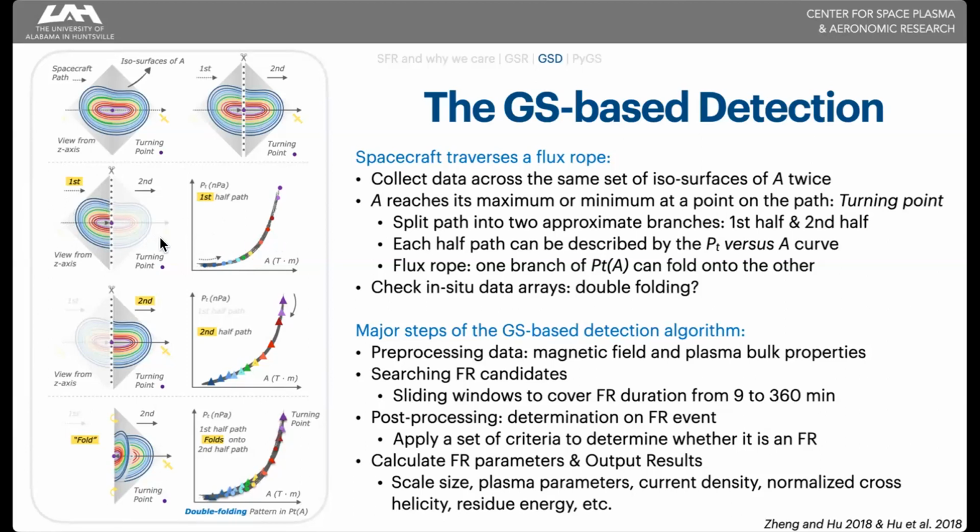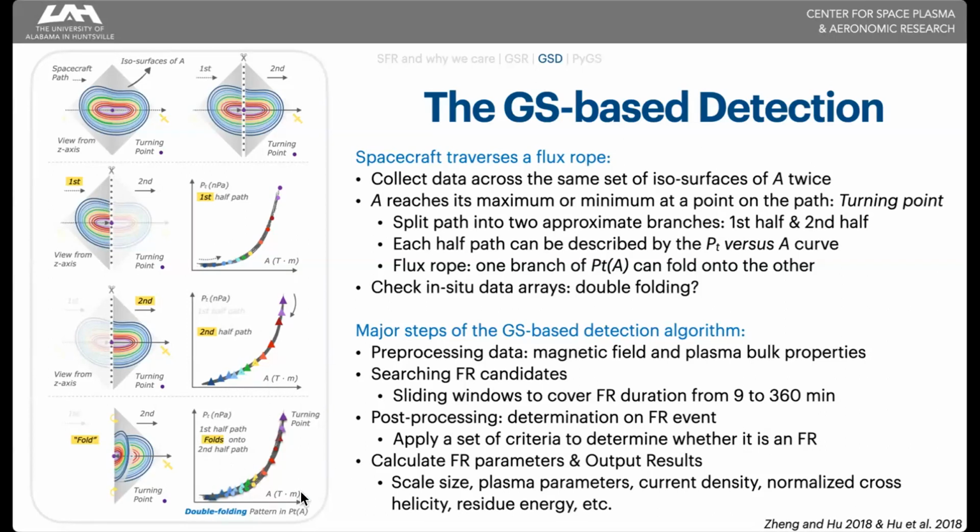So for the first half, it starts from dark blue to the purple turning point. The turning point is usually on the top, since a flux rope will have a very strong axial field in the center. Then for the second half, it starts from the purple triangle to the dark blue one. Remember that PT is a single variable function of A. It means that for each A value, there is one-to-one corresponding PT value.